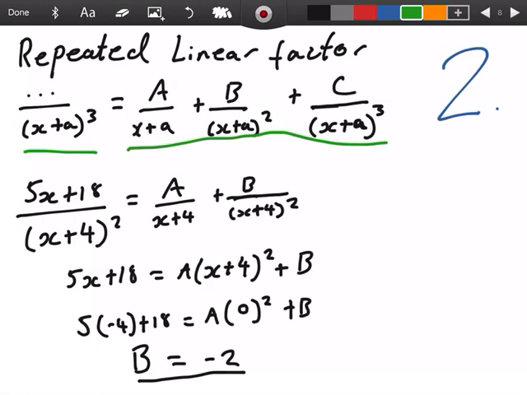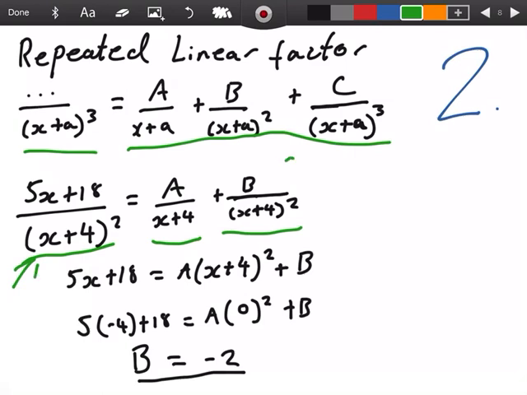So let's take a look at an example. So (5x + 18) divided by (x + 4) squared. Well, we split it up. We have A over (x + 4) plus B over (x + 4) squared. Now, what we do is we get a common denominator again, which is (x + 4) squared, which is what the left-hand side denominator always is.